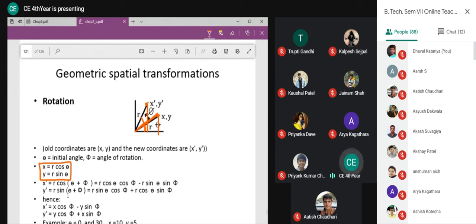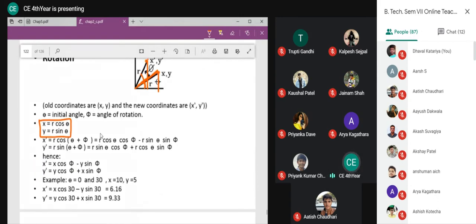Same way, sin(x plus y) can be expanded to sin x cos y plus cos x sin y. This is again 12th mathematics, which we have studied. So now those values are expanded and written here, and r is multiplied to both the terms. Now what about r cos theta?